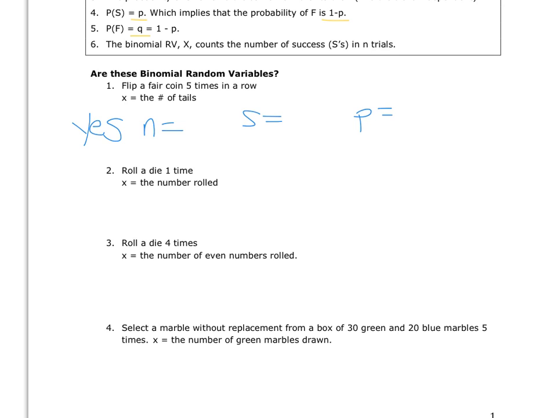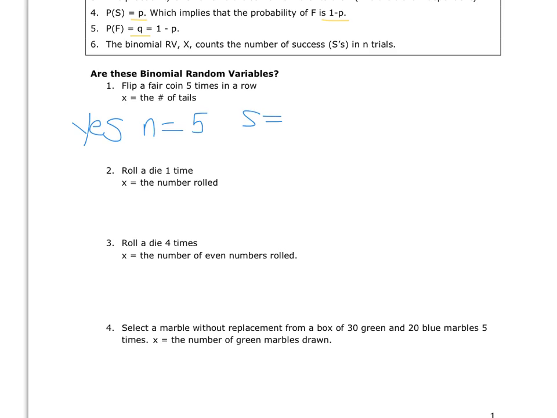All right, so a particular trial is flipping a coin. We're doing it 5 times, so n is equal to 5. And if we want to identify what the success is, we're always going to look to see what x is counting. Well, x is counting the number of tails.